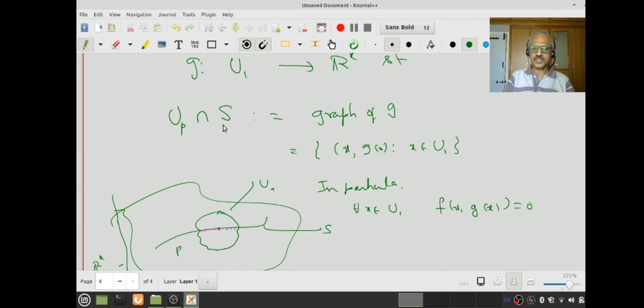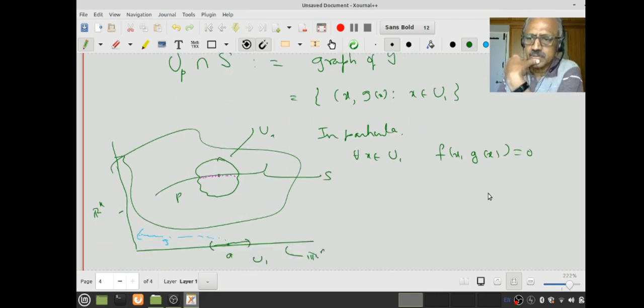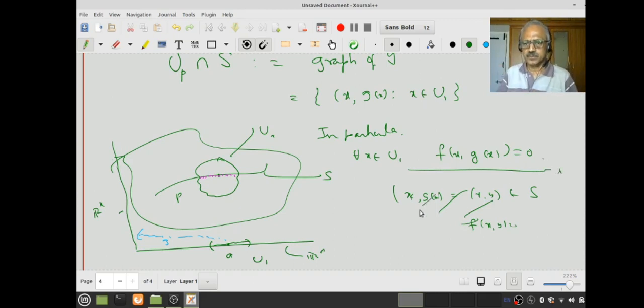This is UP intersection S, so for x in U1 the point (x, G(x)) has to be in S. Call this point (x, y); if it is in S, then f(x, y) must be 0. So this is the theorem, and the statement is over. This is just an explanation, so pause, review, proceed.